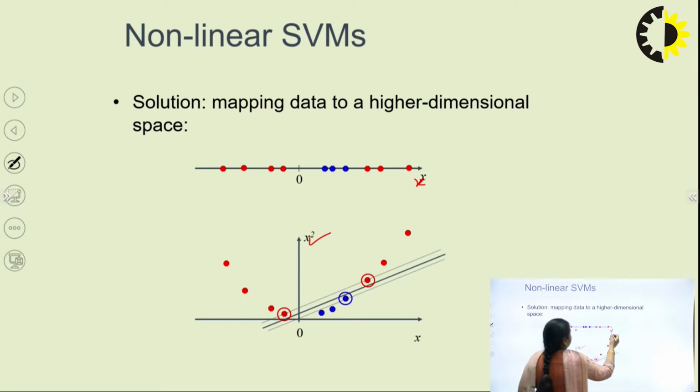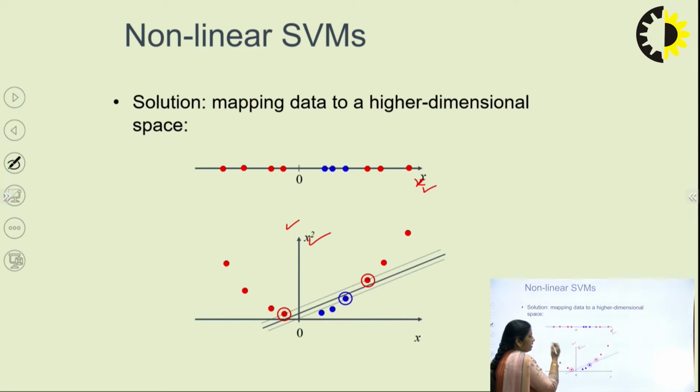For example, I have x here, so we map it to x square. We have mapped it to a higher dimension. Now, what are we getting? We get these red objects here and the blue objects on this side. So, I am able to find a boundary which is separating red from blue. This is the way non-linear SVM works.